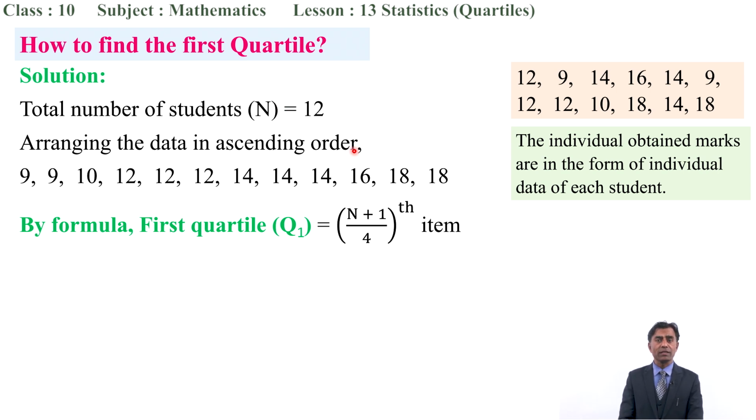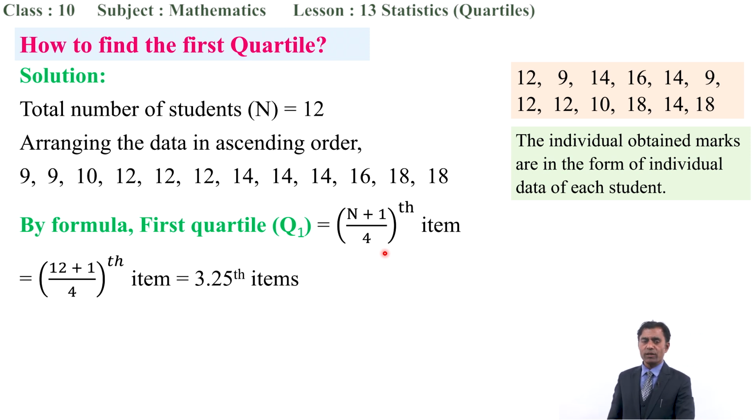In the question, the total number of students is 12, so n is equal to 12. Replace n by 12: 12 plus 1 by 4, simplified, is the 3.25th item. It is not exactly the third item, and not exactly the fourth item. The 3.25th item lies in between the third and fourth items.